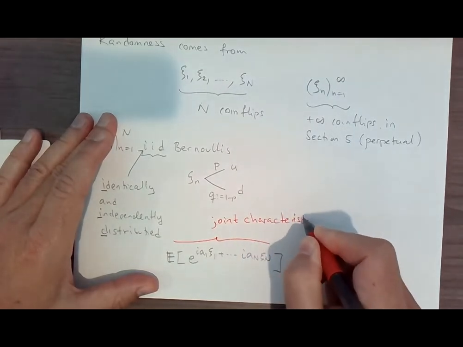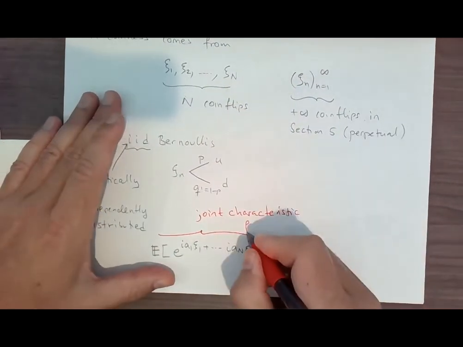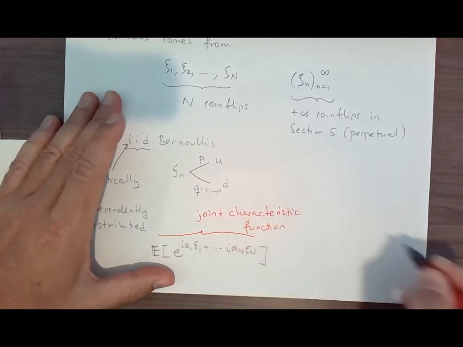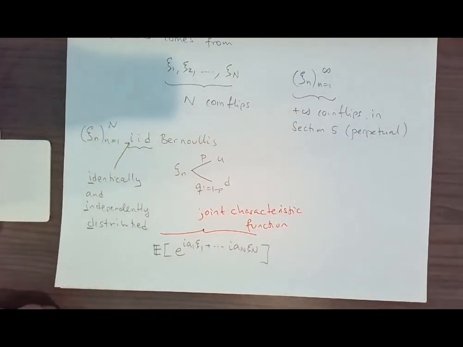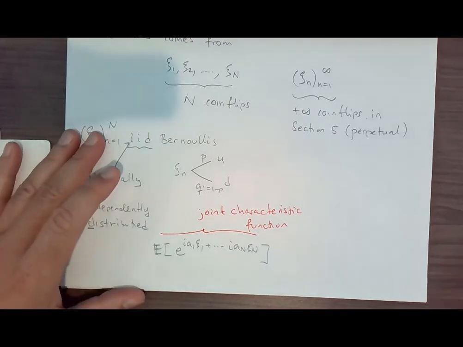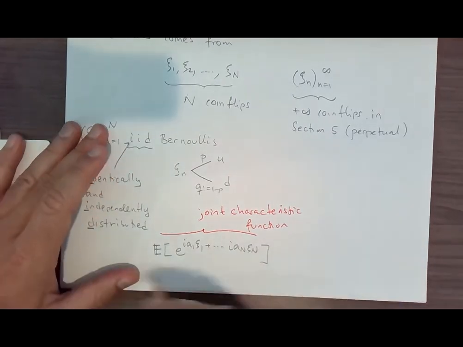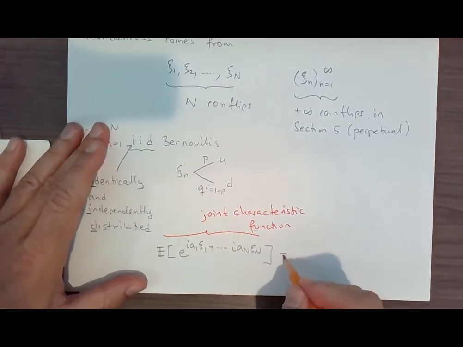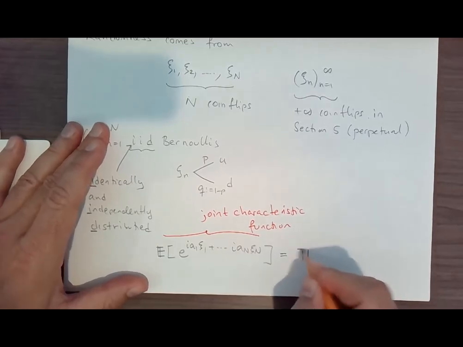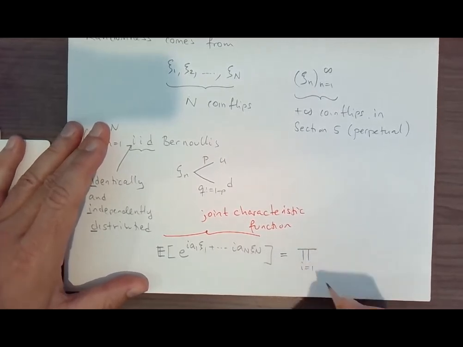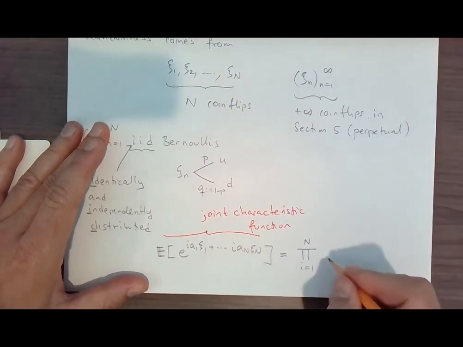The property is that the joint characteristic function factors into a product of the individual ones.